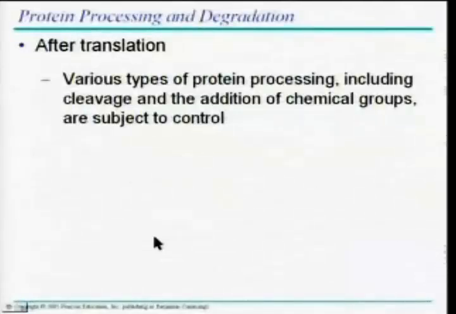And we're just trying to highlight some of these ideas. They're explained in a little more detail in the text. You're welcome to read that to get the additional detail. So protein processing and degradation is the next level of regulation. After translation, various types of protein processing, including cleavage and the addition of chemical groups like a glycoprotein, are subject to control.